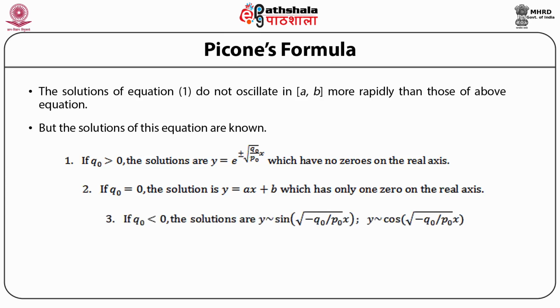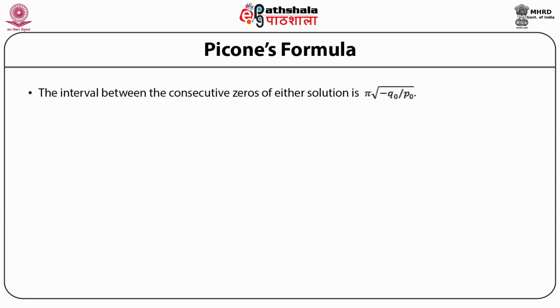Third, if q0 is less than 0, the solutions are y given by sine of square root of (minus q0 by p0) into x and y given by cos of square root of (minus q0 by p0) into x. The interval between the consecutive zeros of either solution is pi into square root of (minus p0 by q0).